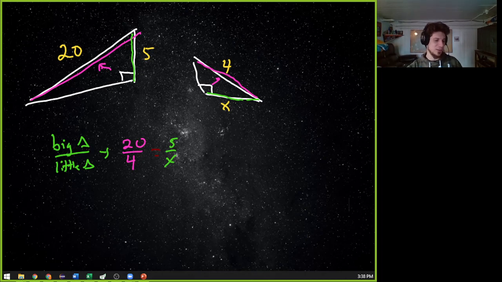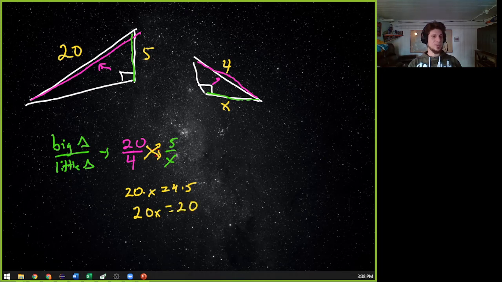Now that we have it, we can solve for our proportion. We can cross multiply if you want. So we have 20 times x equals 4 times 5. So we have 20x equals 20. So if we divide 20 by 20, x is equal to 1.